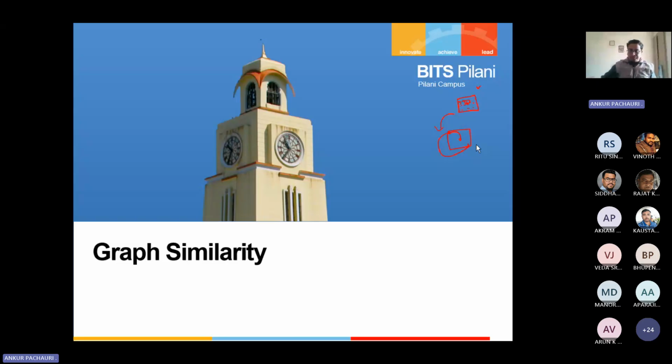Next is, whenever we perform a classification or prediction activity based on some labeled data for some unlabeled data, most of the time we will be using just the similarity value.